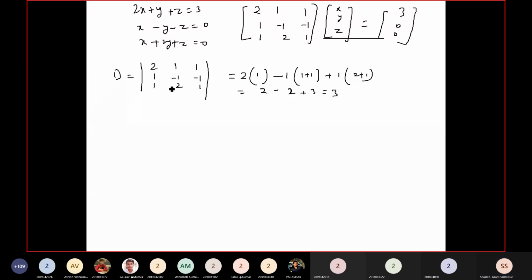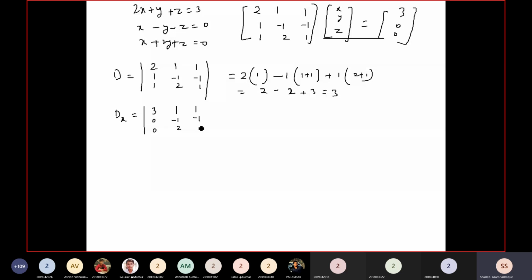I hope you can check. So what is Dx? Dx is nothing but eliminating the x column. X will always multiply with this column, so try to eliminate it for Dx. So Dx will have 2 1 1 eliminated. Instead of 2 1 1, I'll write 3 0 0, and write all these elements 1 minus 1 2, 1 minus 1 0.